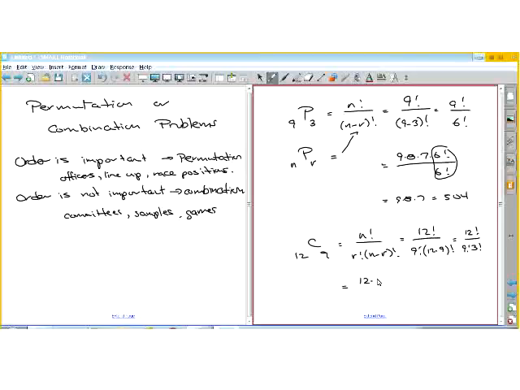And then you could write the numerator as 12 times 11 times 10 times 9 factorial. You pick the larger of those two so that you can group these two together, cancel out as much as possible. And you end up with 12 times 11 times 10. And then you write out the factorial that you have left. And then you can plug in the numbers, or you can simplify.